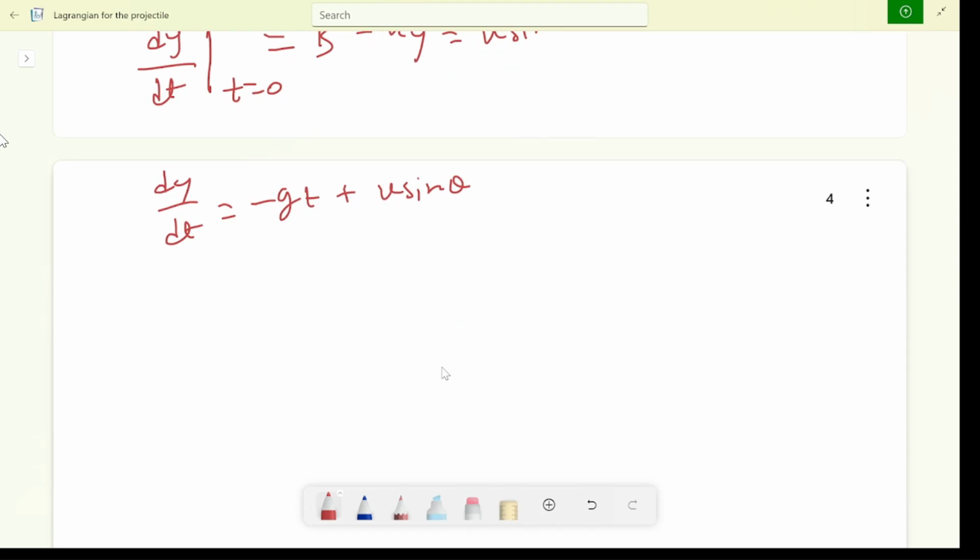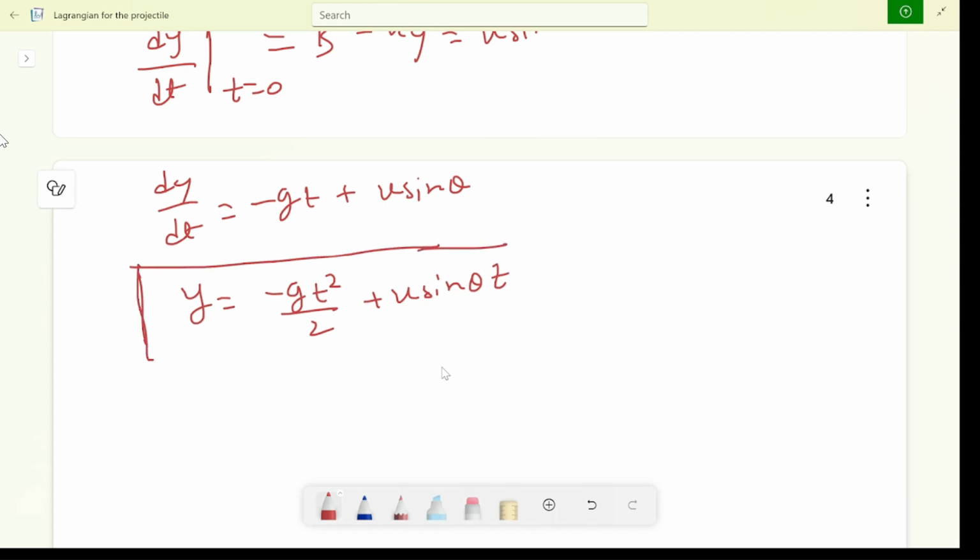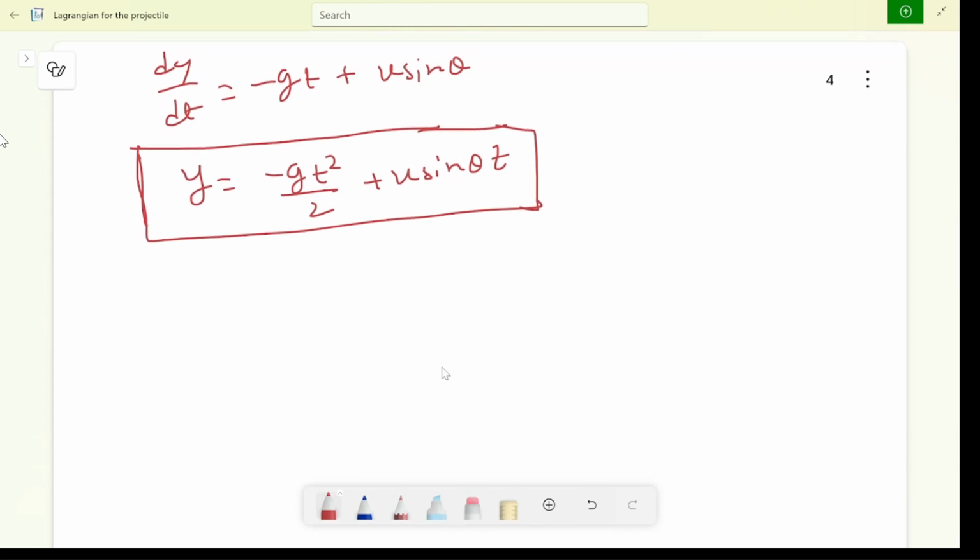Now integrating it the second time, we get y is equal to minus gt square by 2 plus u sine theta t. This is our equation of motion in terms of y, for the y direction.